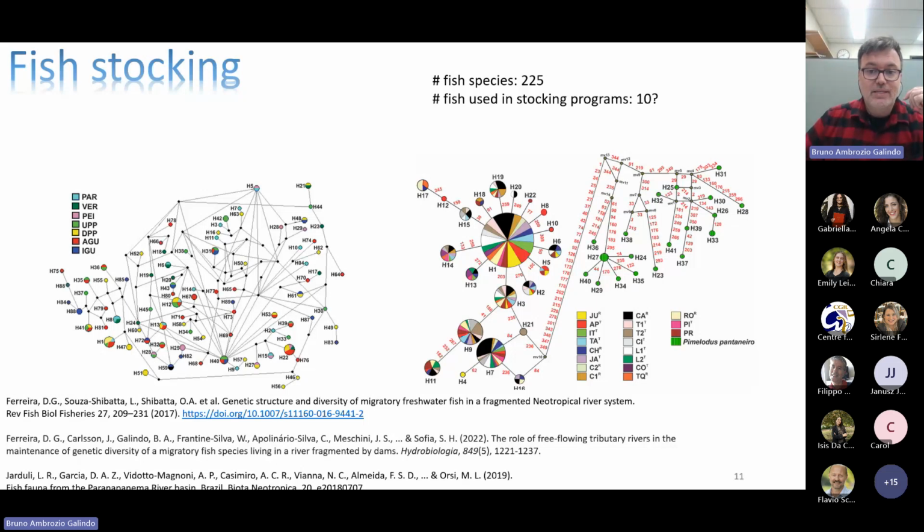So what we can see here on the left side, we have one species that has been used in fish stocking programs. And on the right side, we have one haplotype network. These are haplotype networks from mitochondrial DNA. On the right side, we have one species that has not been used in fish stocking programs.